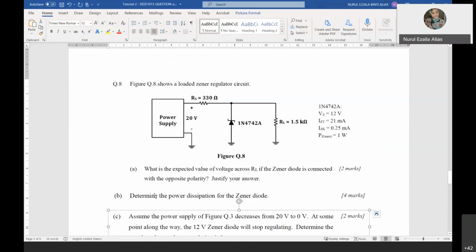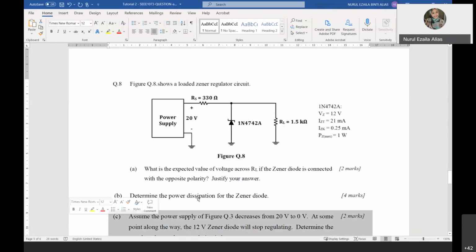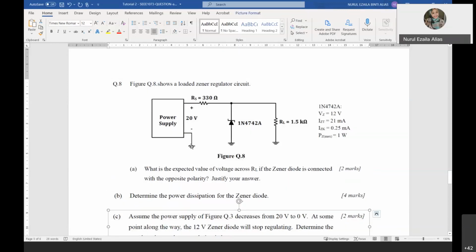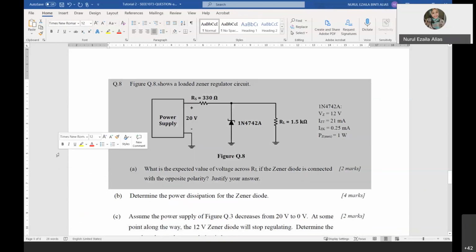So determine the expected value across RL if the Zener diode is connected in opposite polarity. For example, in here, what is the expected value across RL? In the original one, it is plus minus like that.